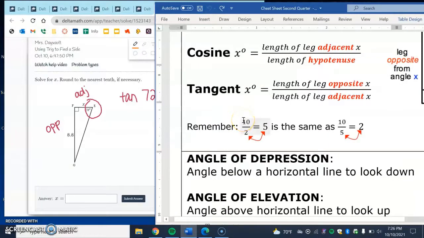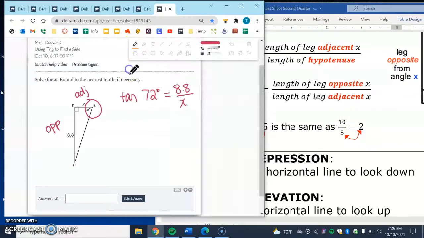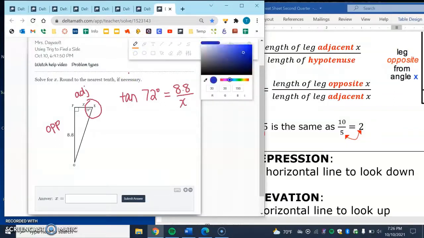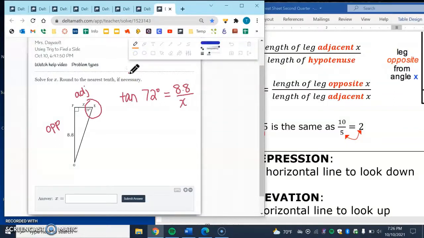Because 10 divided by 2 is 5, and 10 divided by 5 is 2. These are the same thing. So what I'm showing you is that you can switch around when x is on the bottom. You could do this swap because something divided by something is the same thing. So you could switch those around.